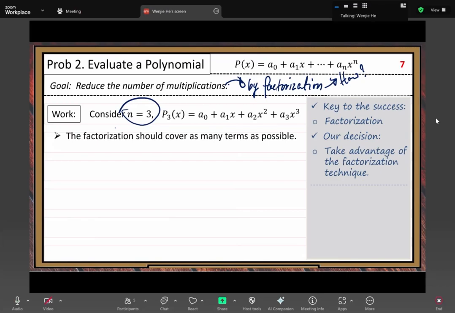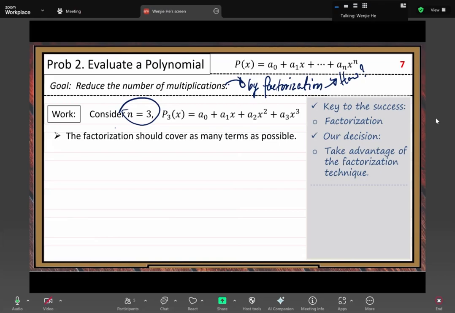All right. So now, let's do the factorization. We know factorization is some nice thing, so that's the reason we can do better. Factorization is a positive thing to our success.